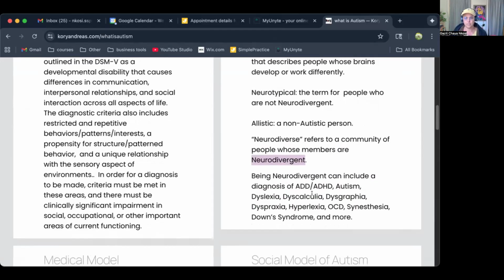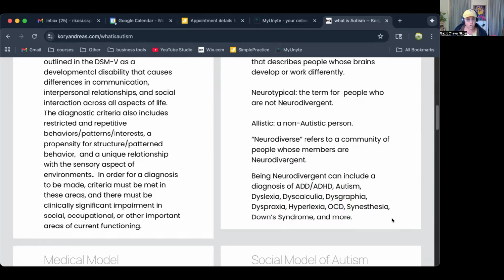Okay, here's some good examples. Being neurodivergent can include a diagnosis of ADD, ADHD, autism, dyslexia, dyscalculia, dysgraphia, dyspraxia, hyperlexia, OCD, synesthesia, Down syndrome, and more. A lot of these are considered developmental or genetic, things that you are born with.